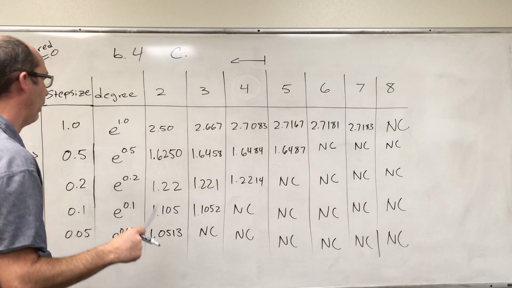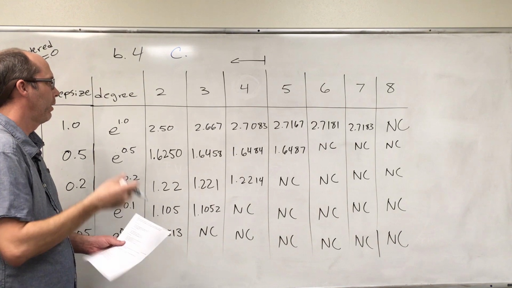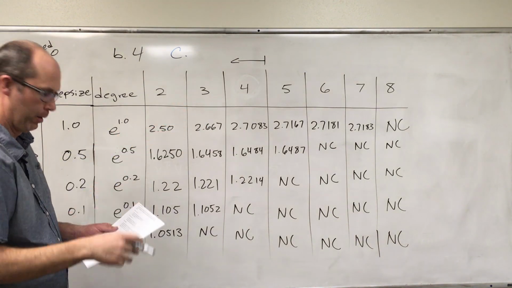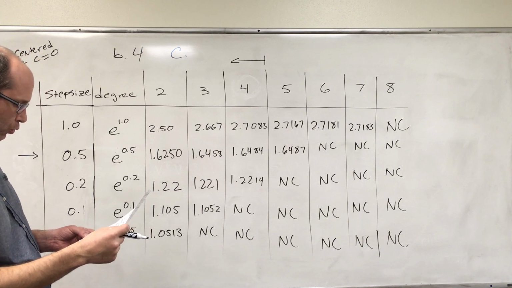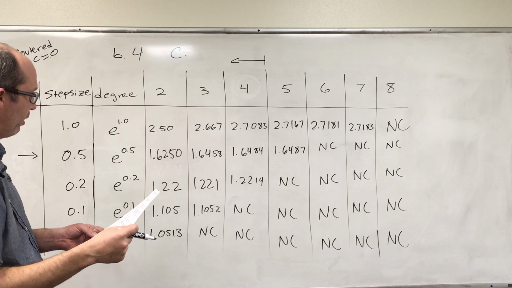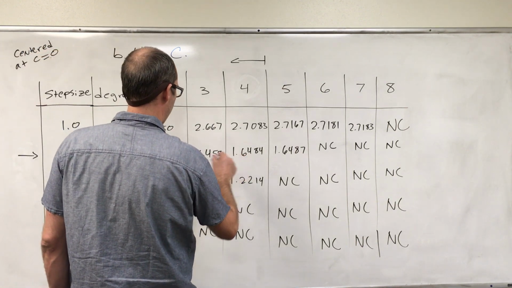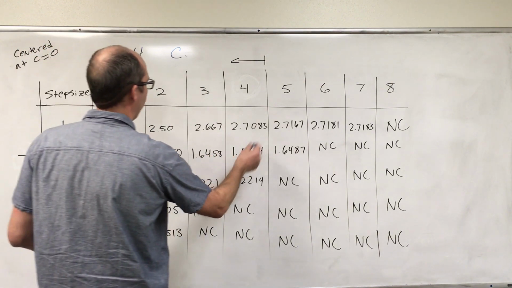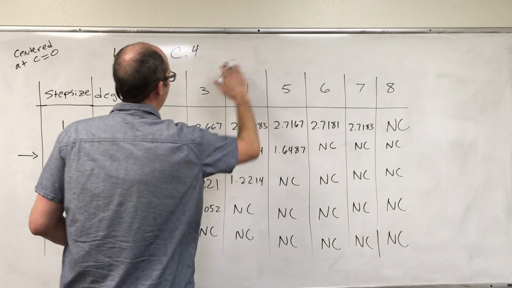Well, think about it, right? The approximations get better the bigger the degree you have. So degree 4 is the best answer there.